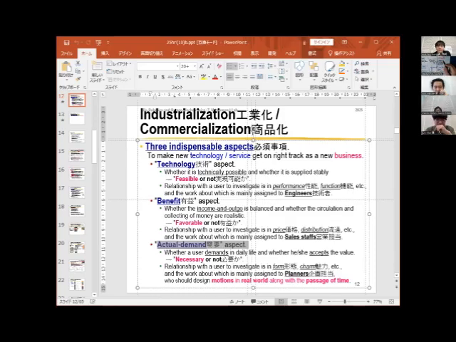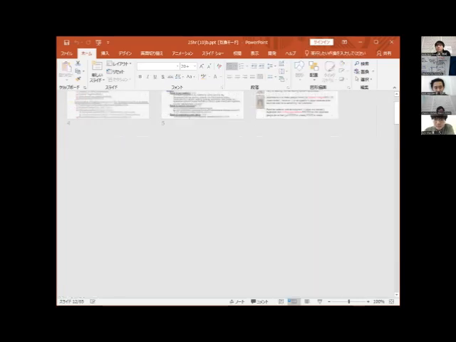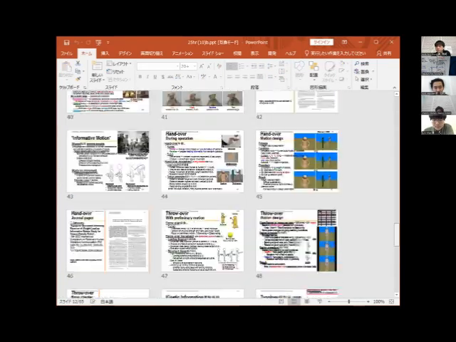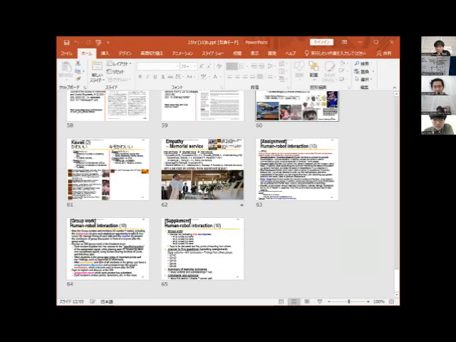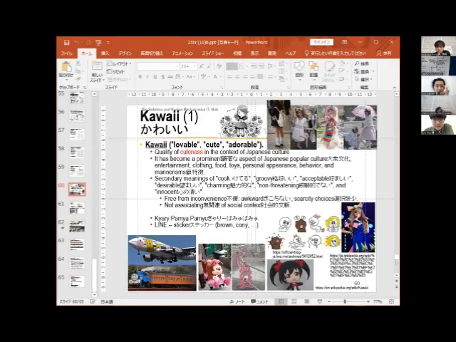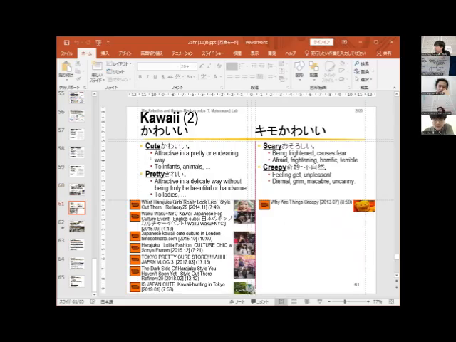Attractiveness, the appealing point, is also important. Last week we also discussed that the cute, pretty, charming or attractive part is another factor for purchasing a product.